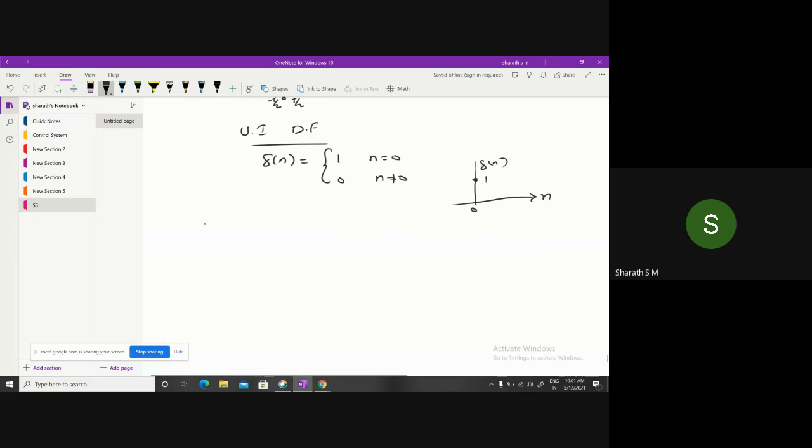The third one, ramp function for a continuous time signal, and that is denoted by r of t.